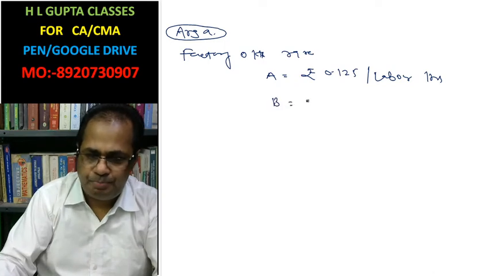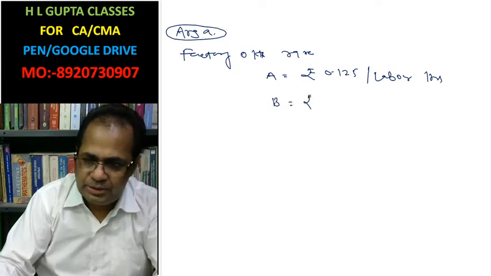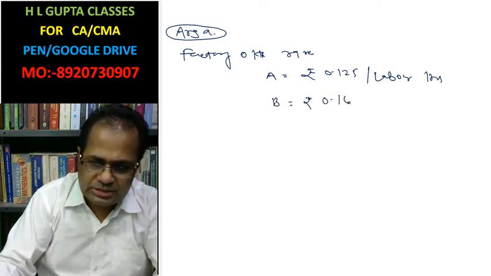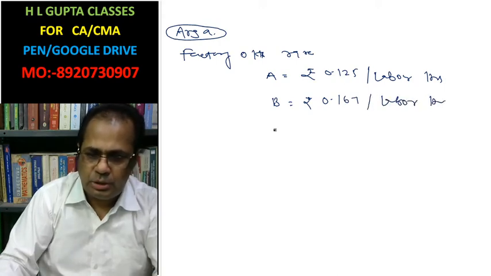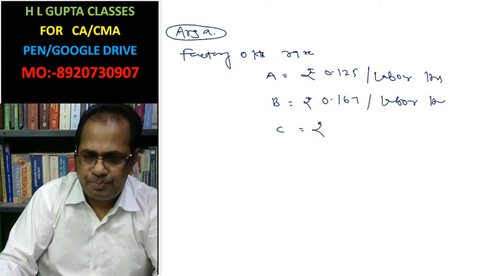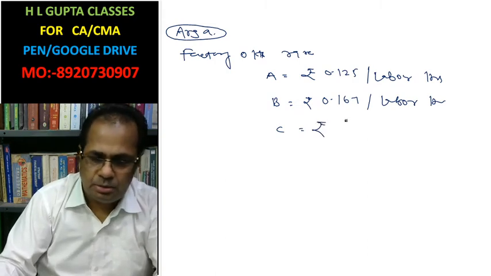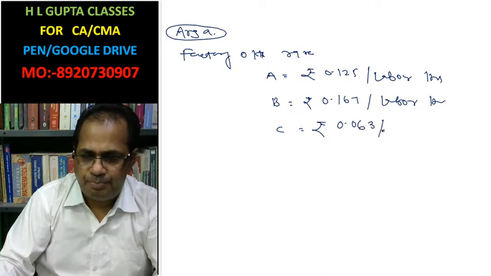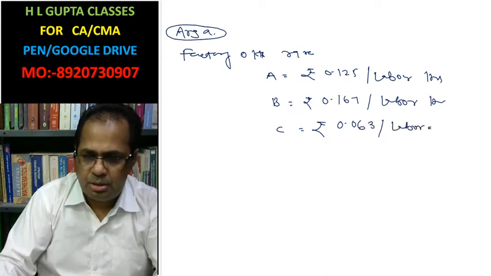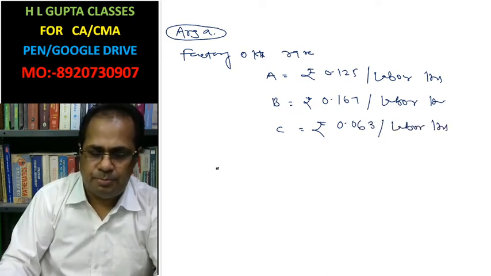B, rupees 0.167 per labor hour. C, rupees 0.063 per labor hour.